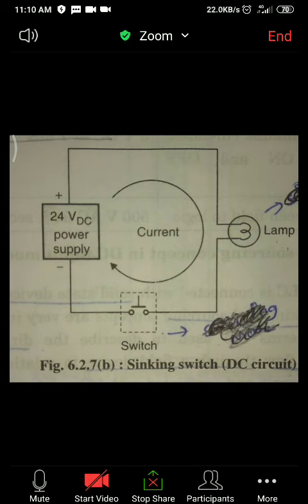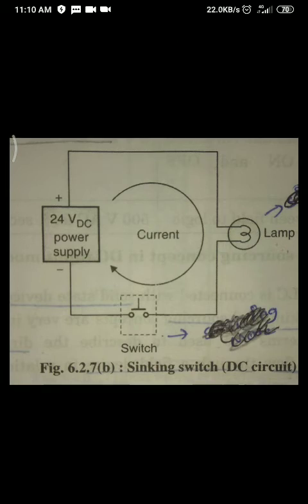So here the switch is said to be in sinking mode, meaning it is accepting current from the bulb. The bulb is acting as the source of current and the switch is sinking current to the ground. It accepts current from the circuit and then gives it to the negative terminal of the battery.